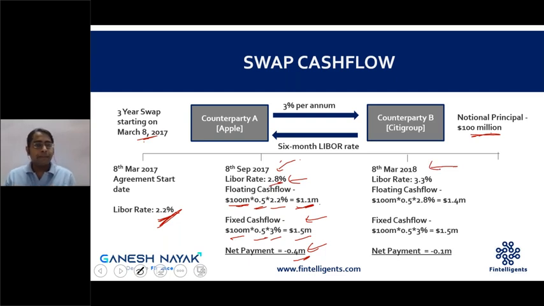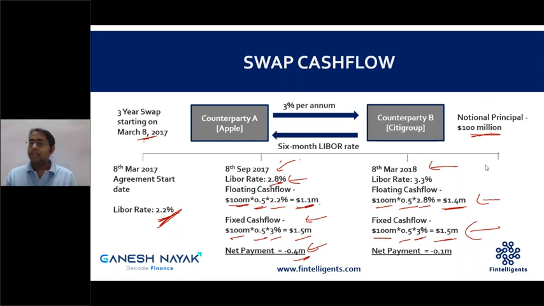And what will happen is we will use the previous 6 monthly LIBOR rate, that is 2.8%, and we'll do the entire calculation again. That means Citigroup is going to pay $100 million into 0.5 into 2.8. That means $1.4 million. Similarly, the Apple Group will pay $100 million into 0.5 into 3%, which is equal to $1.5 million.